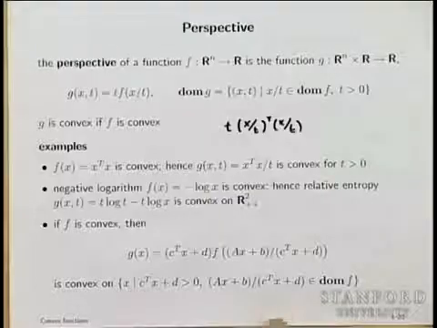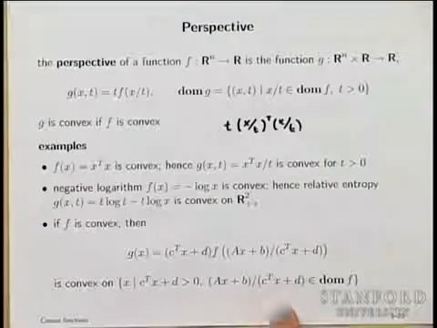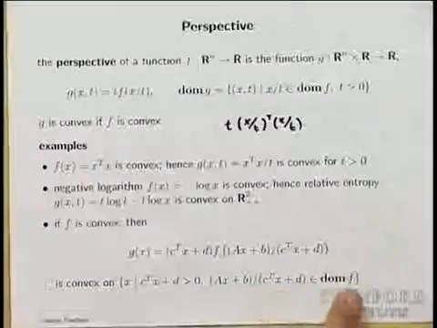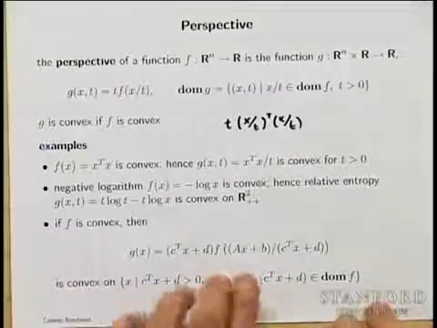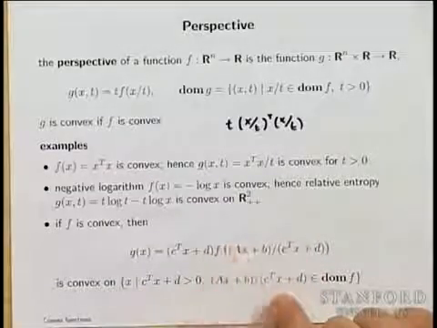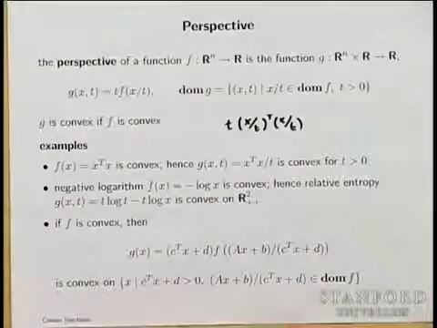That's on the condition that c transpose x plus d is positive, and this image point is in the domain of f. So that's going to be convex.